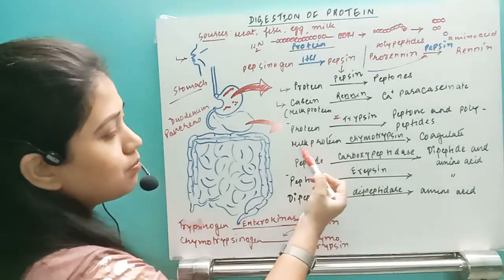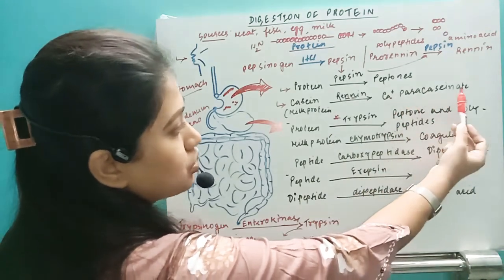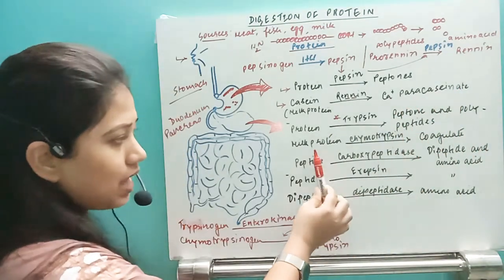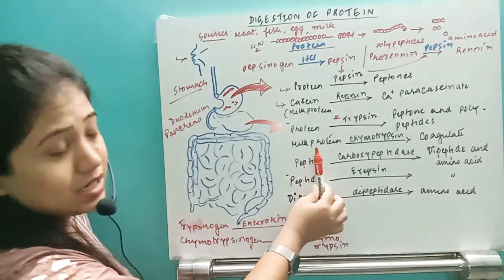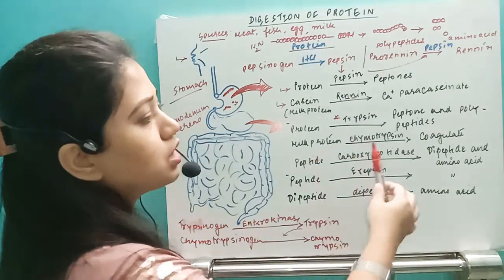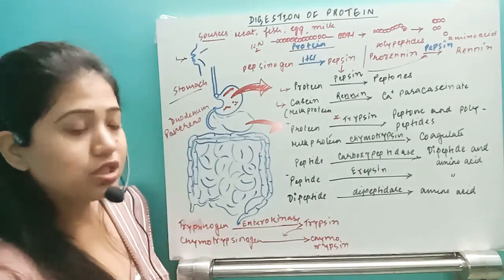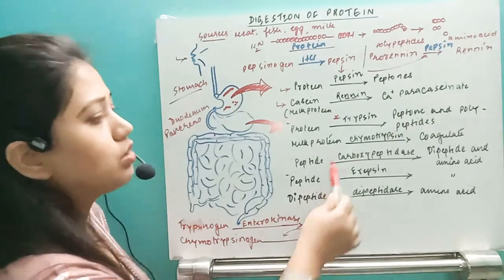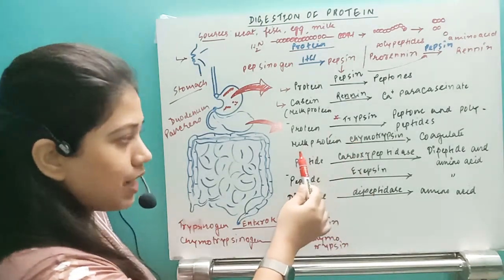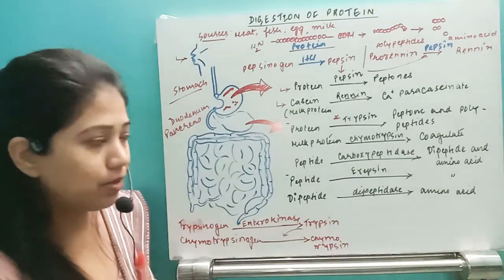So you can see that milk protein, earlier it was in the state of the calcium para-caseinate. So this calcium para-caseinate will be acted upon by the chymotrypsin to convert into a coagulated state. After coagulated milk protein, it will be absorbed. So this chymotrypsin will act on the milk protein and convert it into the coagulated milk protein.